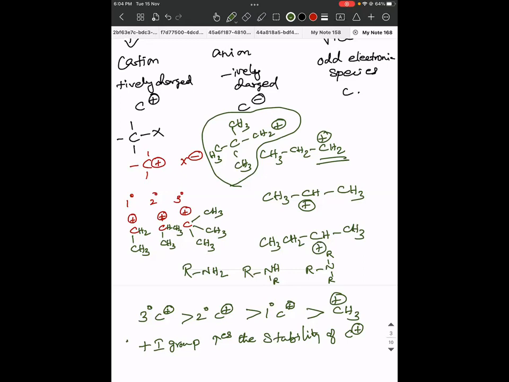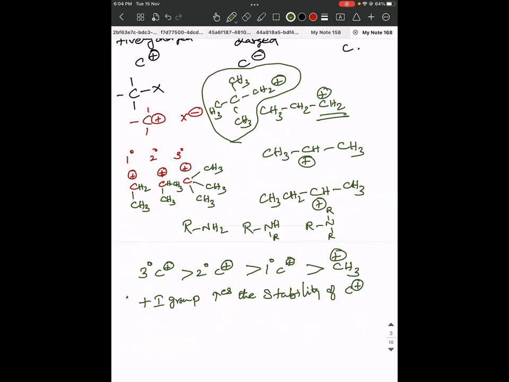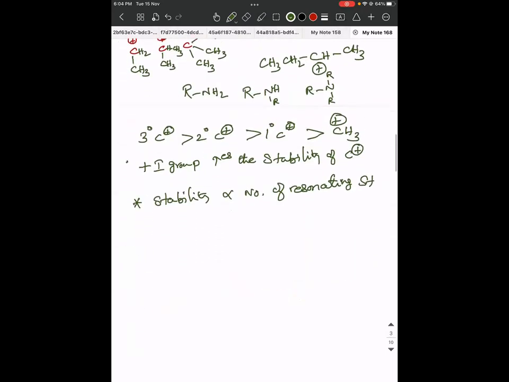So always please keep in mind, stability is directly proportional to the number of resonating structures. What is the number of resonating structures? When you have more resonating structures, it becomes more stable. Okay, it becomes more stable. And then carbene ion.